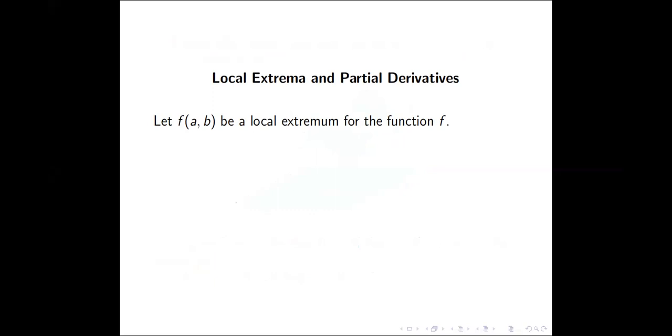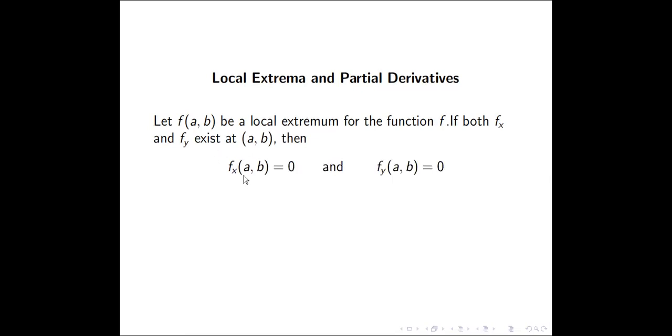So suppose f of AB is a local extremum for the given function, then if both the partial derivatives with respect to x and with respect to y exist at the extremum, what we know is that the following equations follow. The partial derivative with respect to x at that extremum will be 0, and also the partial derivative with respect to y at that extremum is also 0.